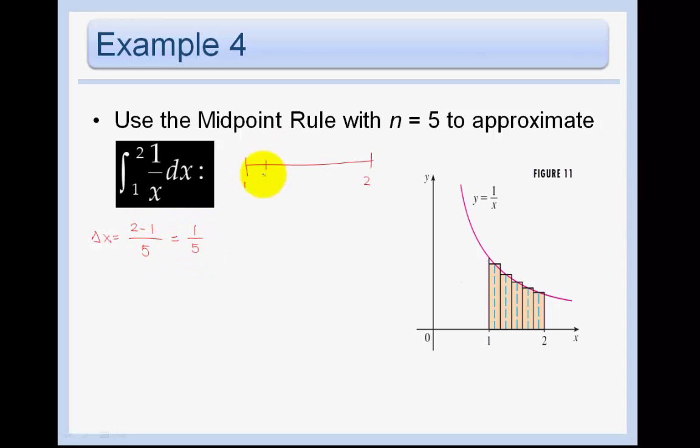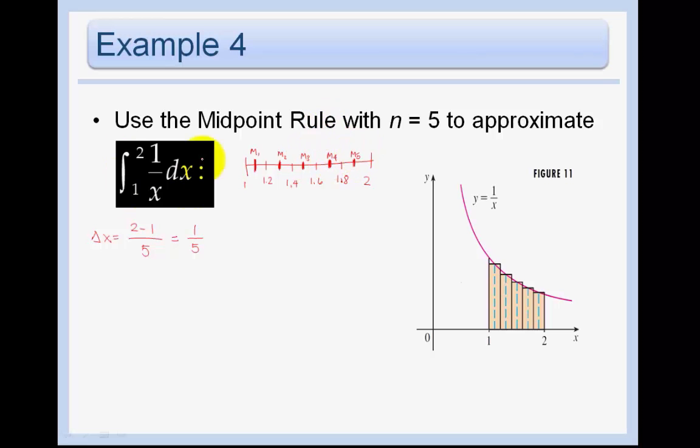So I'm going to go 1, 1.2, 1.4, 1.6, 1.8. And then I want midpoints. So I want in the middle of each of these rectangles. So here's the first, second, third, fourth, fifth.